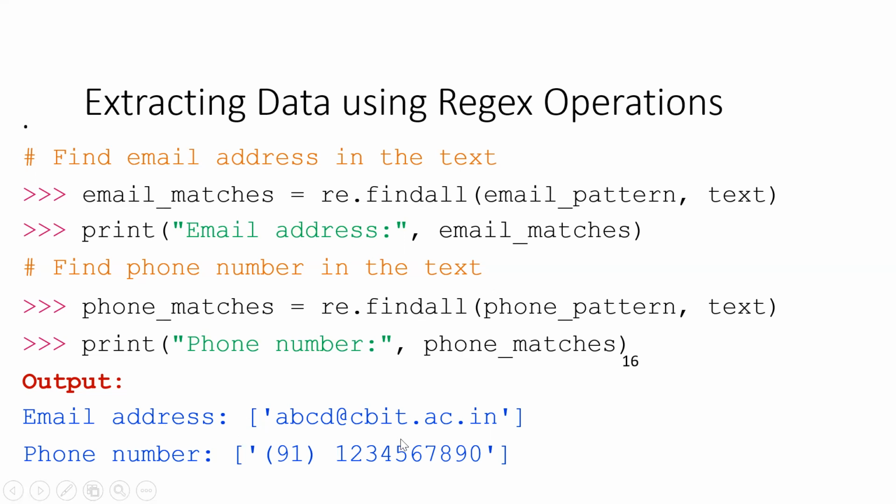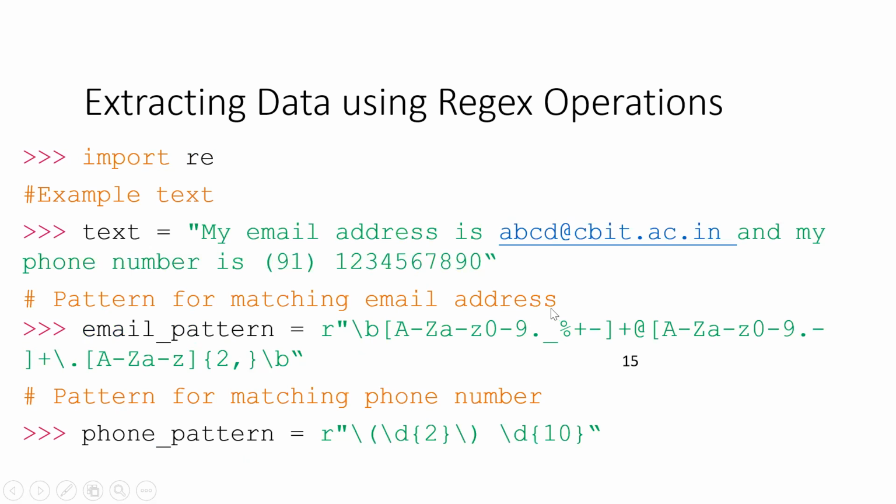In this way, you can use it for any regular expression, for any format. You can use all the regular expression elements we have discussed, like meta characters, special sequences, and sets, with the different functions we have: findall, search, split, and sub. In all these functions, we can use our regular expressions and extract the data. Thank you.